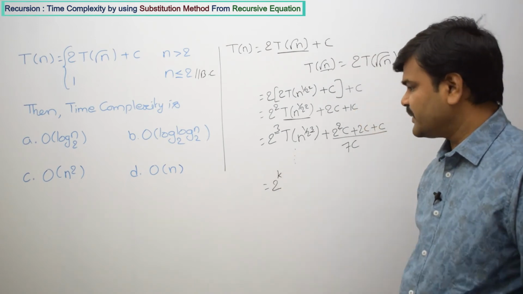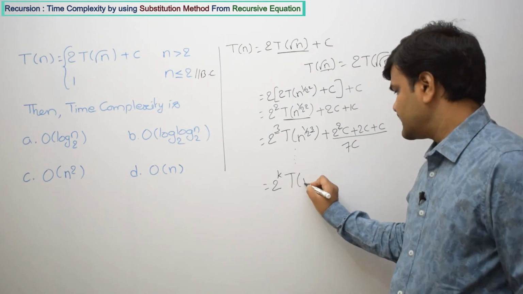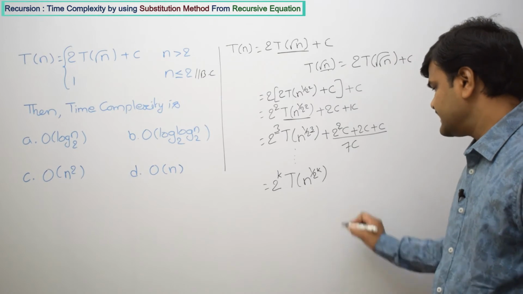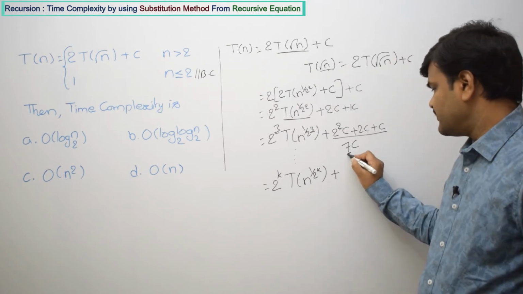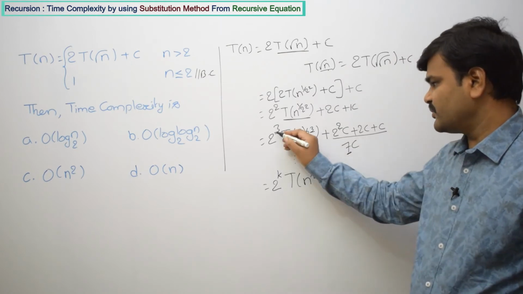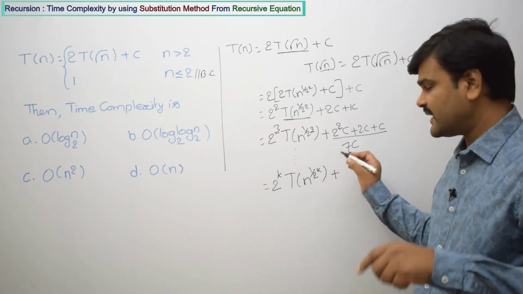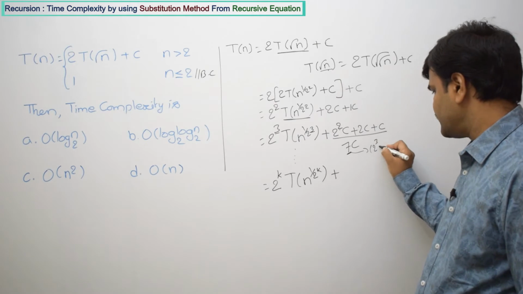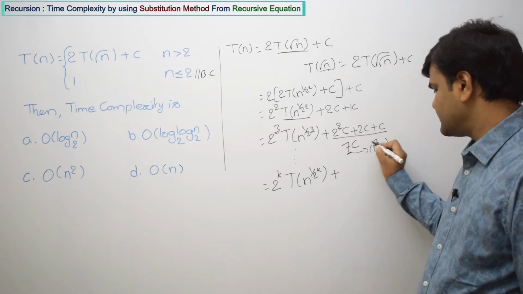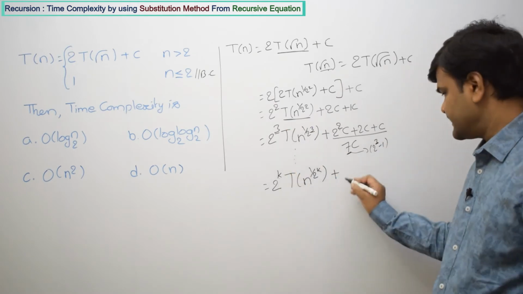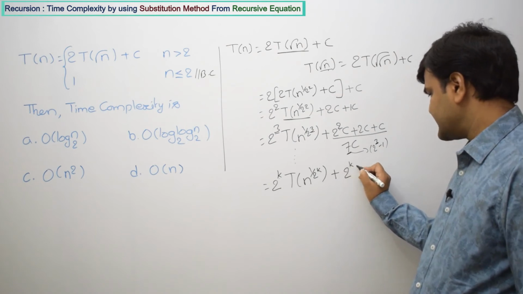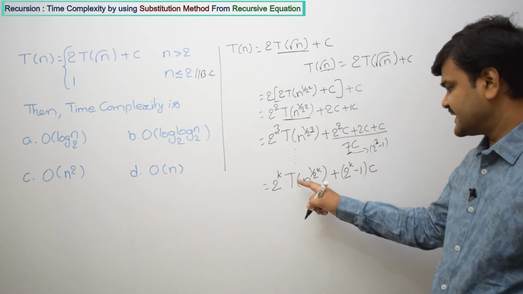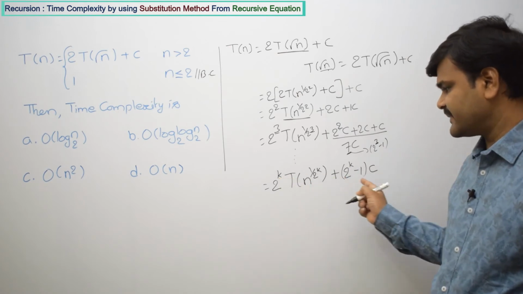That means 2 power k T(n by 2 power k, that is n power 1 by 2 power k) plus this term. 2 cube minus 1, that means 8 minus 1, so in general this is 2 power k minus 1, into c. So at the kth iteration this is what is happening.